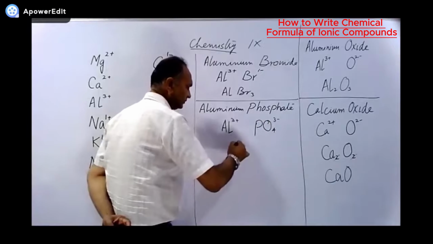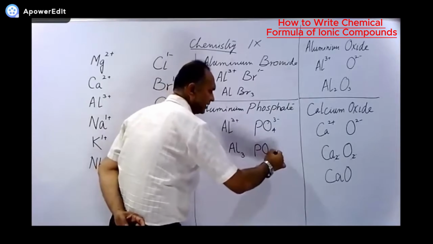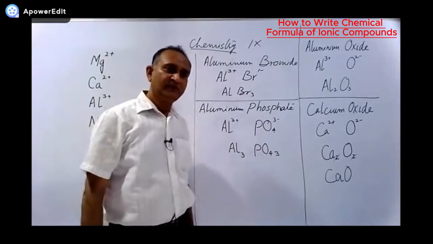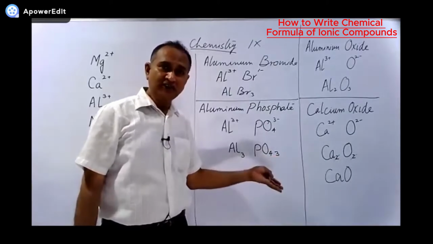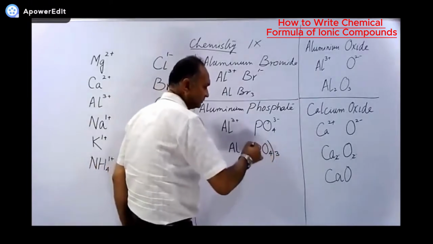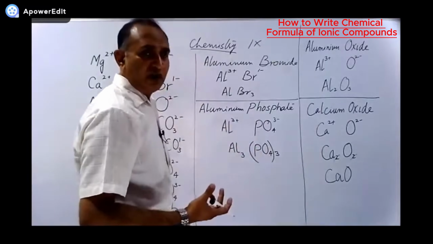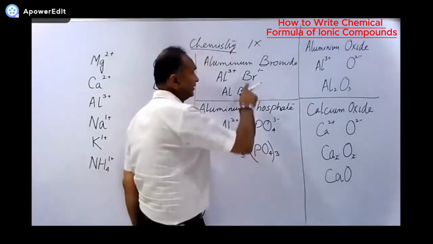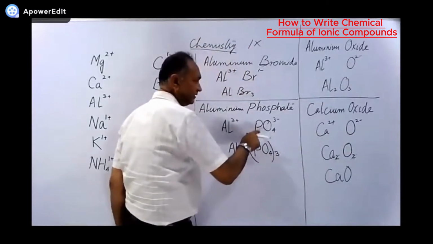Transferring the numbers. And I have made a mistake. It has become PO43. It should not. So here we have to write a bracket. It means when you see a combination of elements, when you see 2 or 3 elements like this, this one is 1, this one is 1, but this one is a compound.